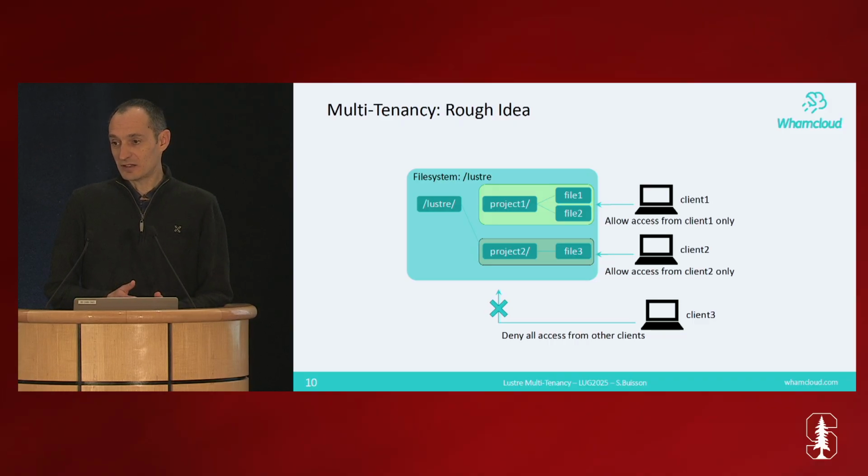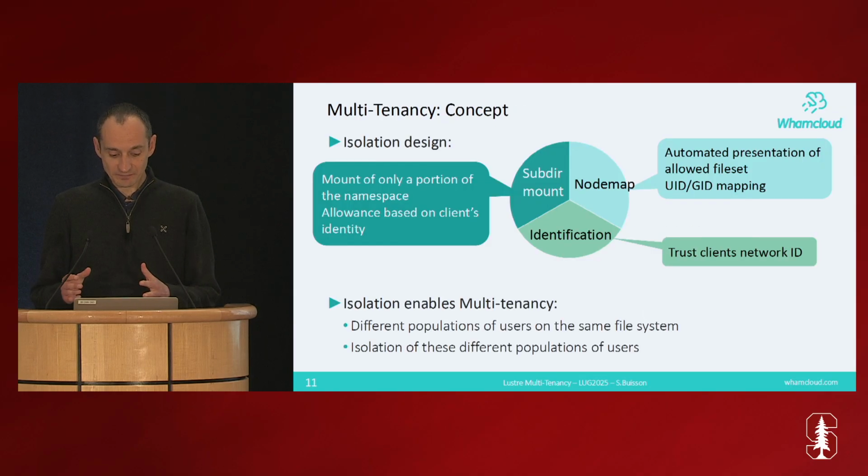The first idea would be to make as many file systems as you have tenants, but that would not be very efficient resource-wise. So instead, we could try to make just one global Lustre file system and have all those populations isolated inside the same file system. This is the isolation idea on which multi-tenancy relies.